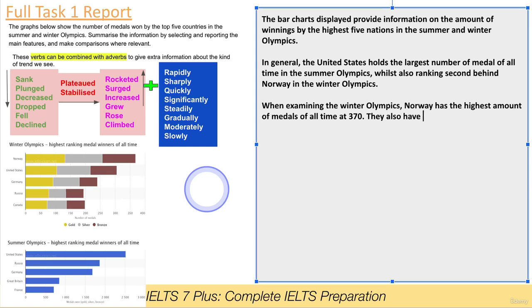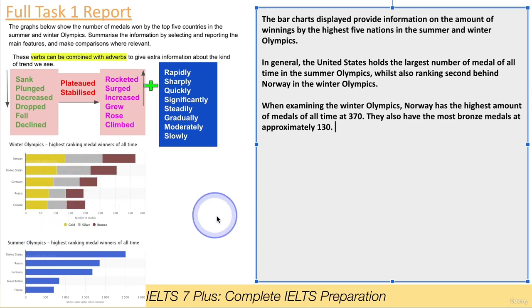We also have the largest, the most bronze medals at approximately 130. Okay, so that's Norway. Now we want to pick up on a few features from the other countries. Maybe we could mention the United States and then Germany.